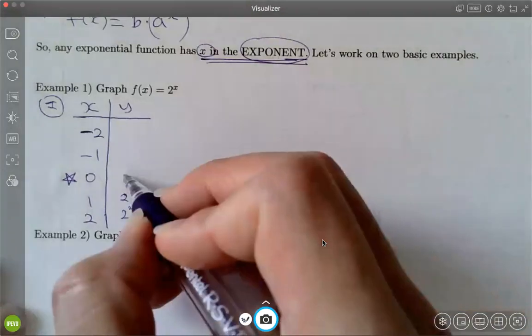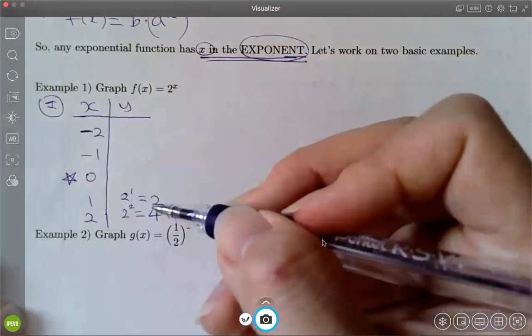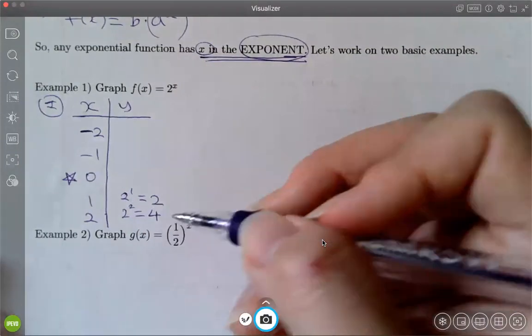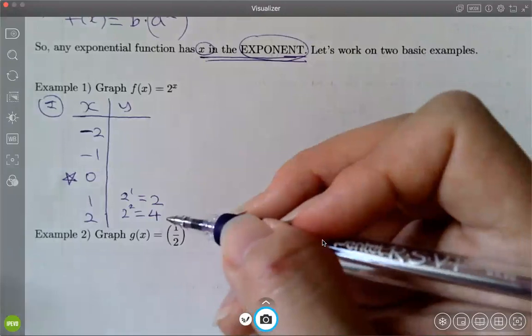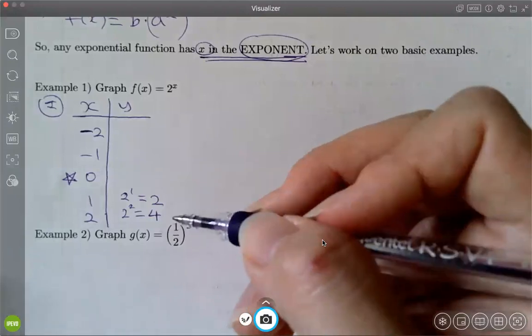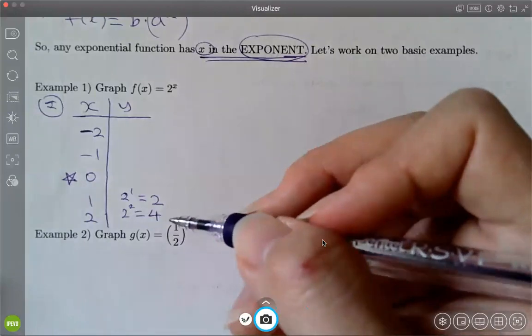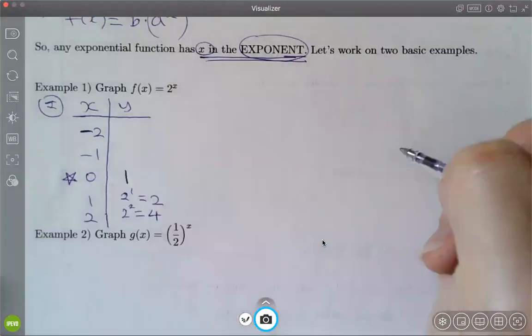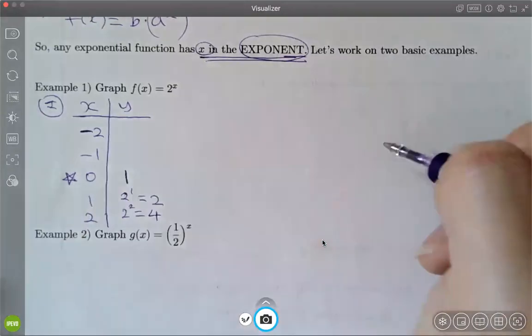No. What is anything to the power 0 equal to? 1, yes. Okay, so many people say 0 for this, which is why I put a star here. Okay, be careful. Anything to the power 0 is 1, not 0.